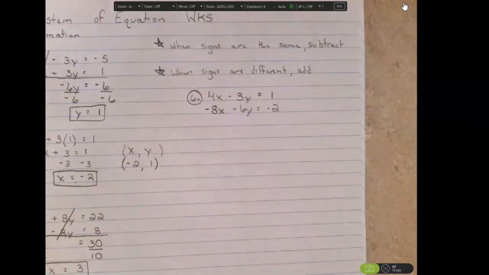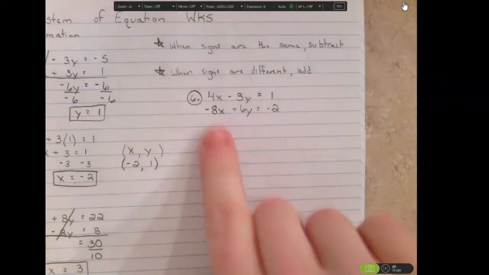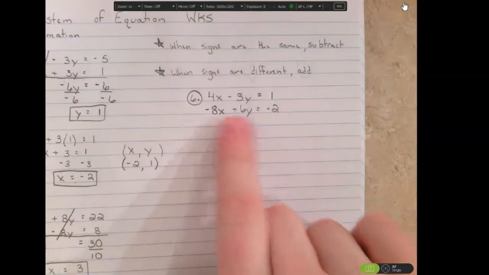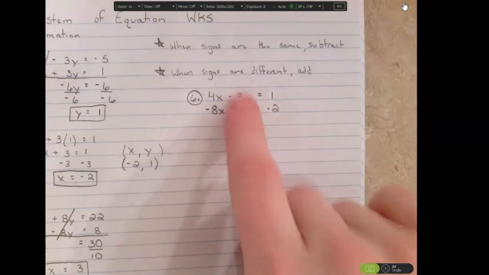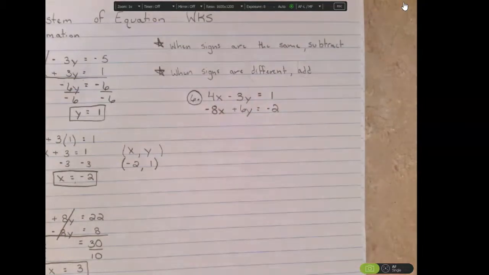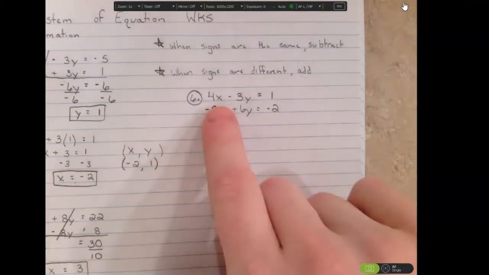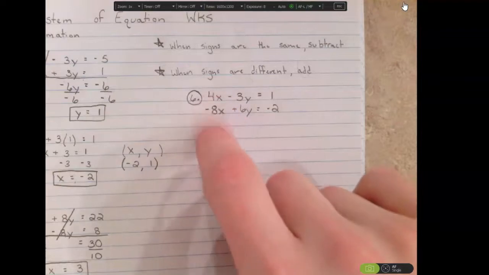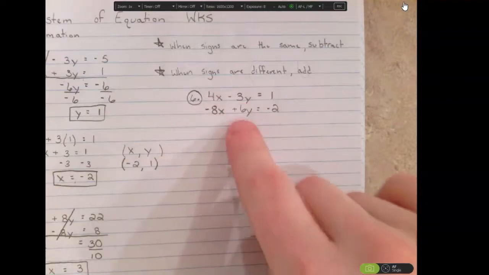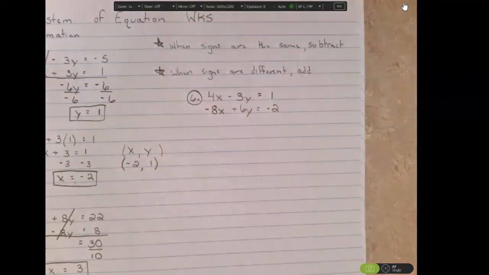And again, the first thing I'm looking for is my x value or my y value, if either of them has a number that is the same. 4 and 8 are not the same. 3 and 6 are not the same. I need to make one of them the same. That way I can eliminate an x or a y.